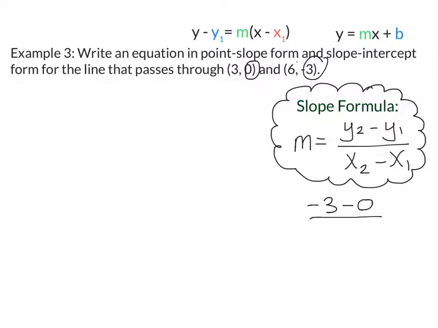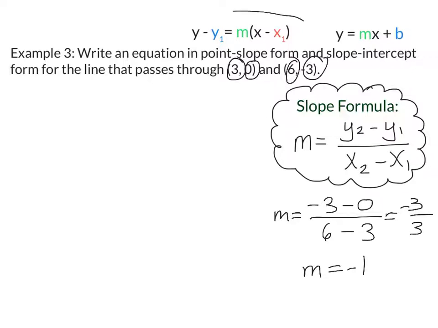And then I'm going to write 6 minus 3. So m equals negative 3 minus 0, which is just negative 3. And then 6 minus 3, which is positive 3. So negative 3 over 3 is just negative 1. So my slope is just negative 1.